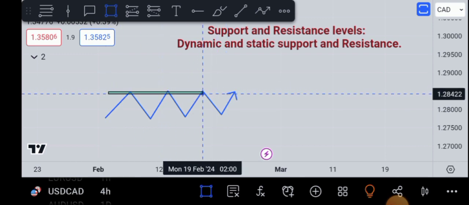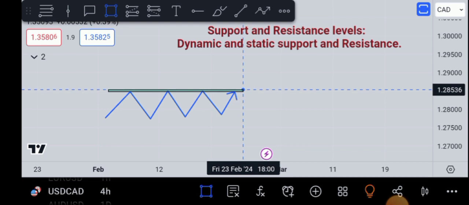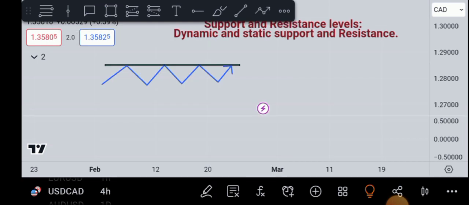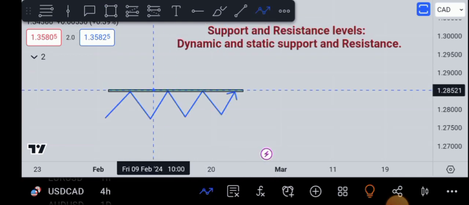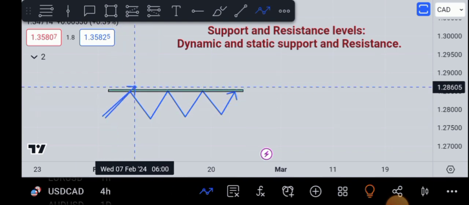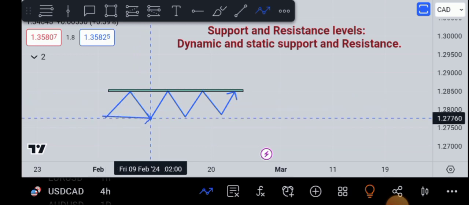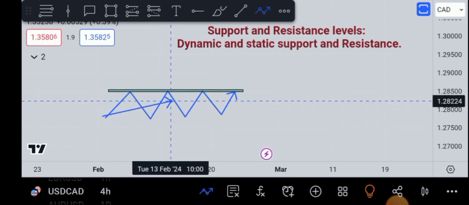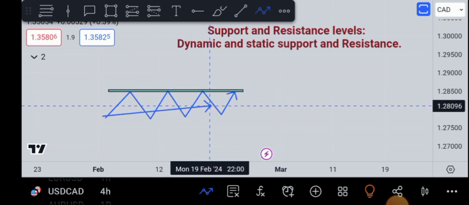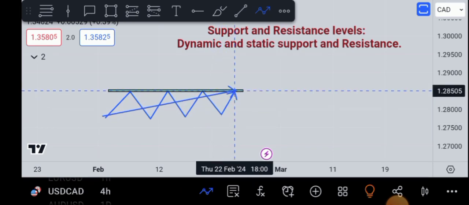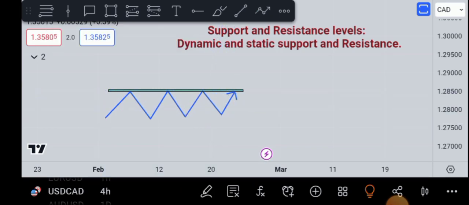Whenever price gets here, it moves down. It came up here, respected this place, moved down, came up here, respected this place, moved down, and currently it's at this point now.